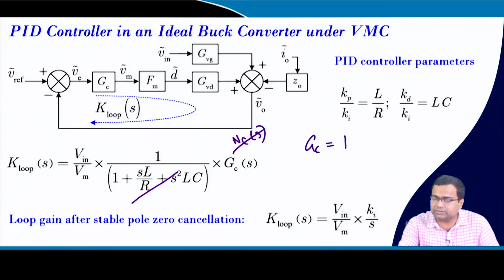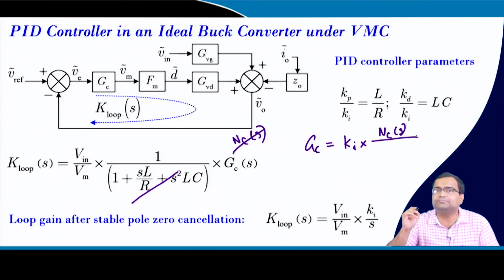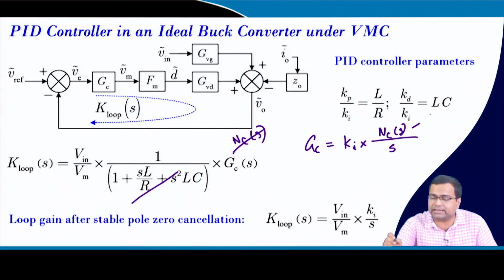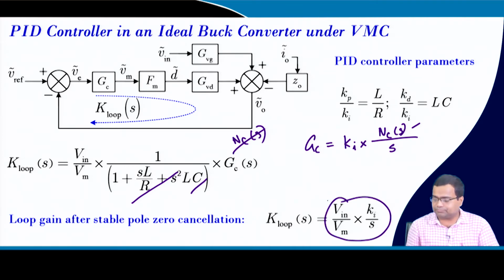It was Ki into the controller numerator divided by S. So, this term is getting cancelled with this term, and we will end up with Ki Vin by Vm.